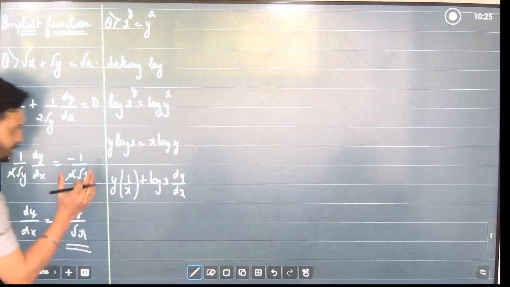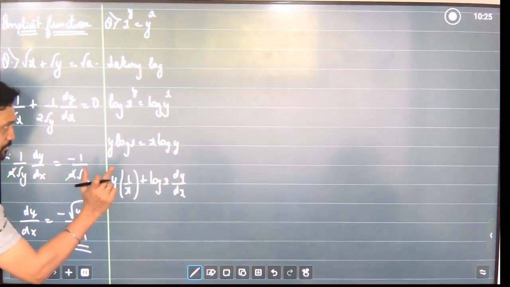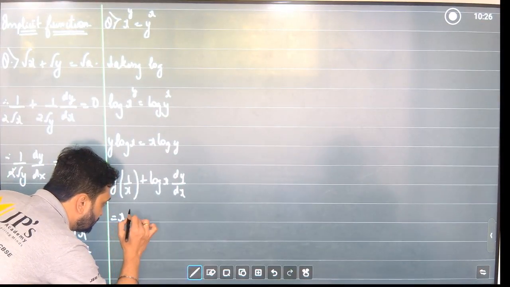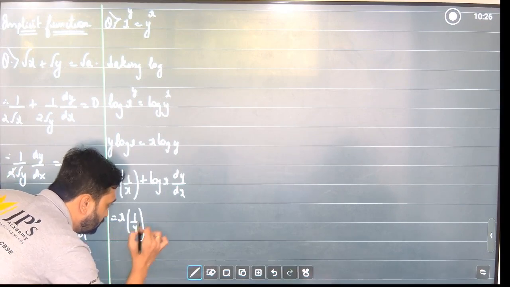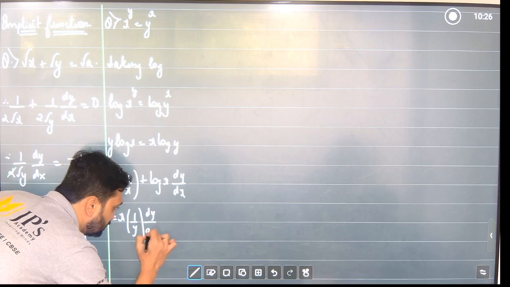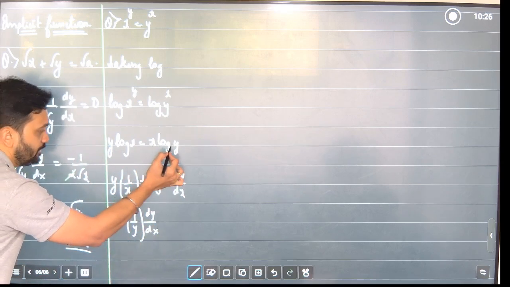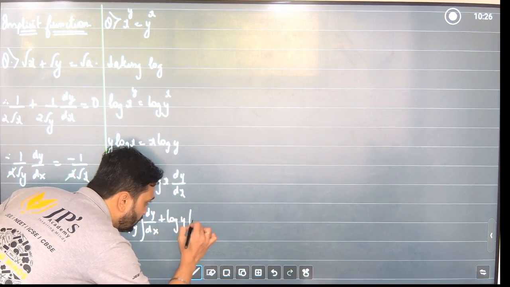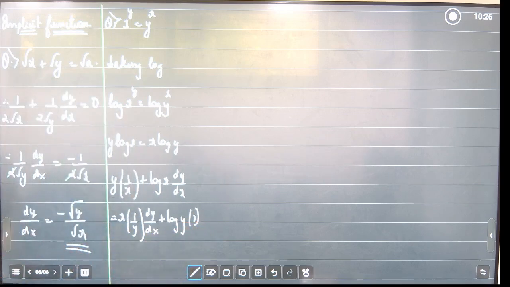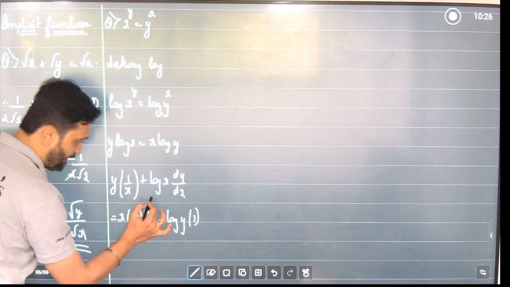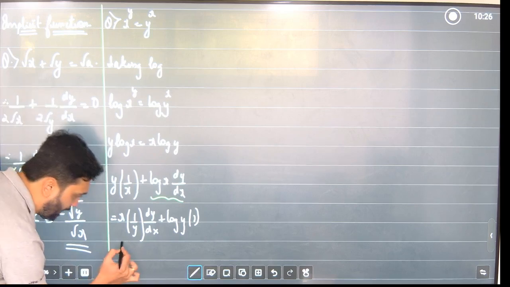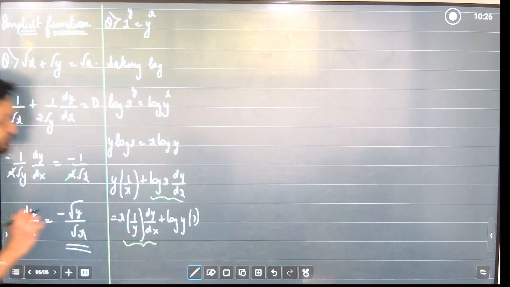Now listen, I'm just writing it one below the other so that it becomes easier for you to see, is equal to, again, x into 1 by y dy by dx, u derivative of v, plus log y into 1. So if you see this step, I have one dy by dx term on the left hand side and one dy by dx term on the right hand side.